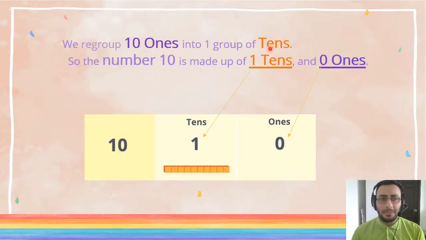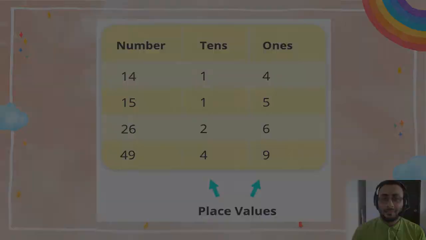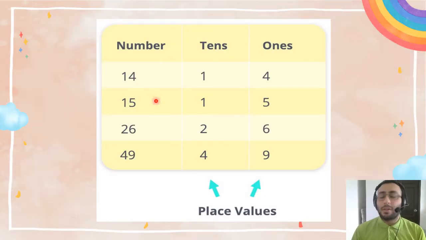Now, what does that mean? When we have 10 ones, we regroup them into one group of tens. So, the number 10 is made of 1 ten, like this one, and 0 ones. Now, let's look at these other numbers. 14, as you can see, has 1 ten and 4 ones.